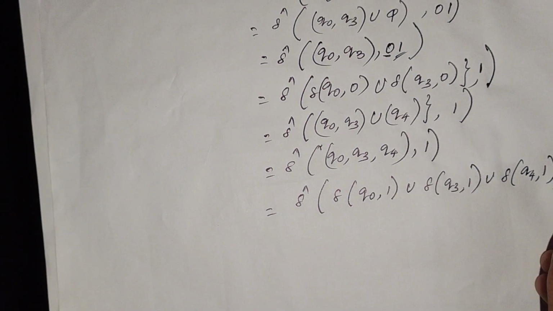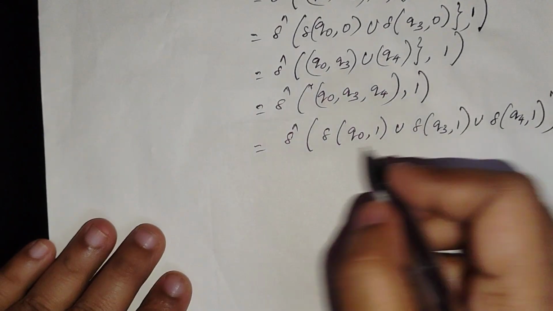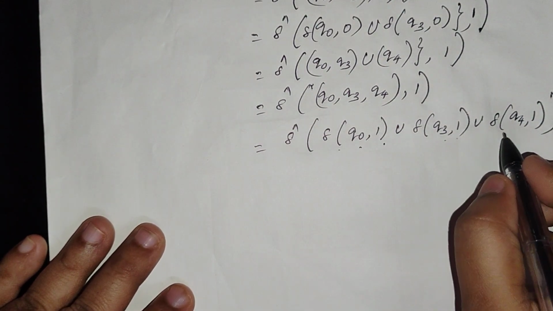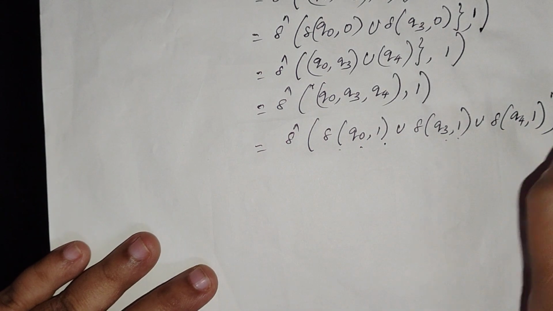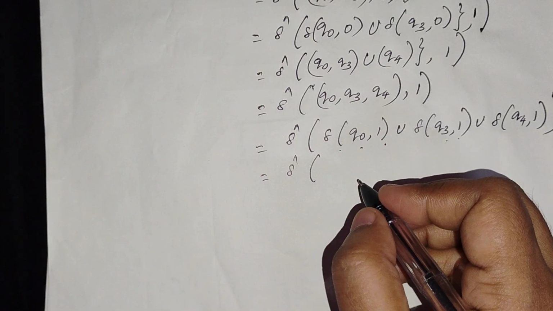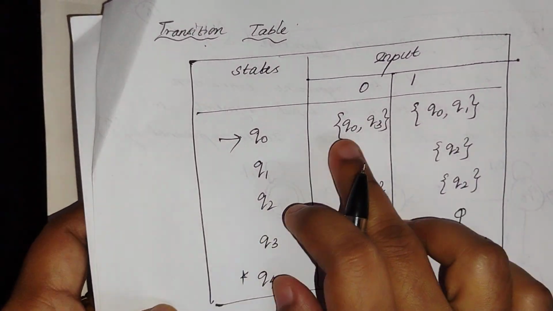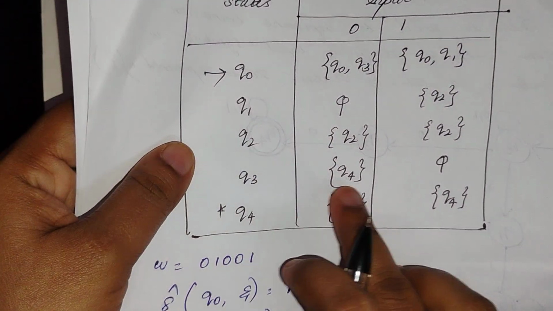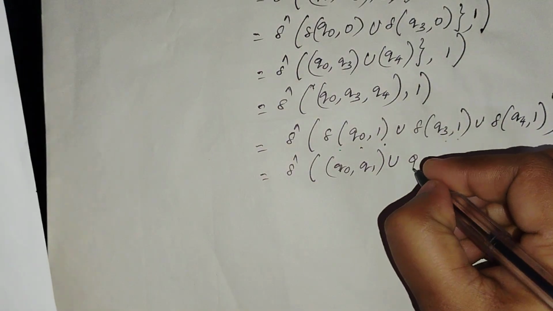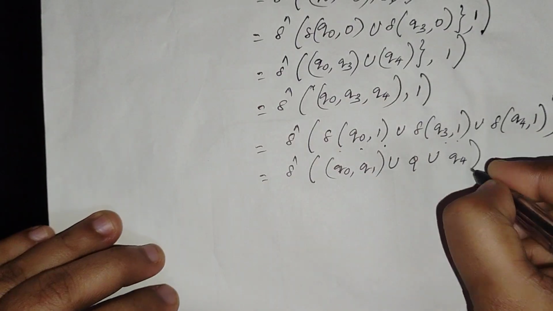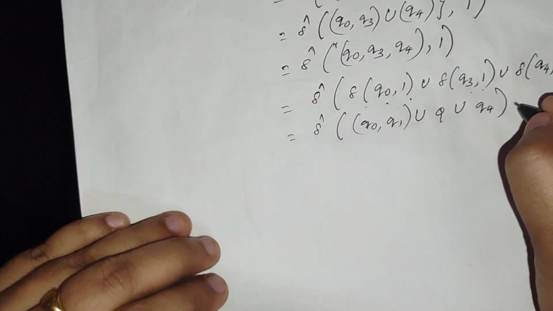Here there are no symbols left to read. So we complete this using δ(Q0, 1), δ(Q3, 1), δ(Q4, 1). There are no symbols, so we have completed. Then we write the transition results. δ(Q0, 1) is {Q0, Q1}, union δ(Q3, 1), which is empty, union δ(Q4, 1), which is Q4.